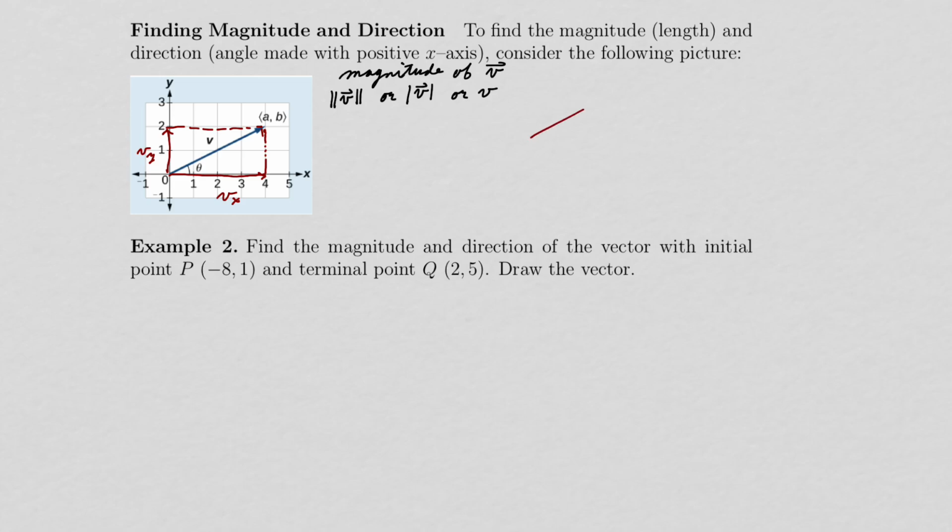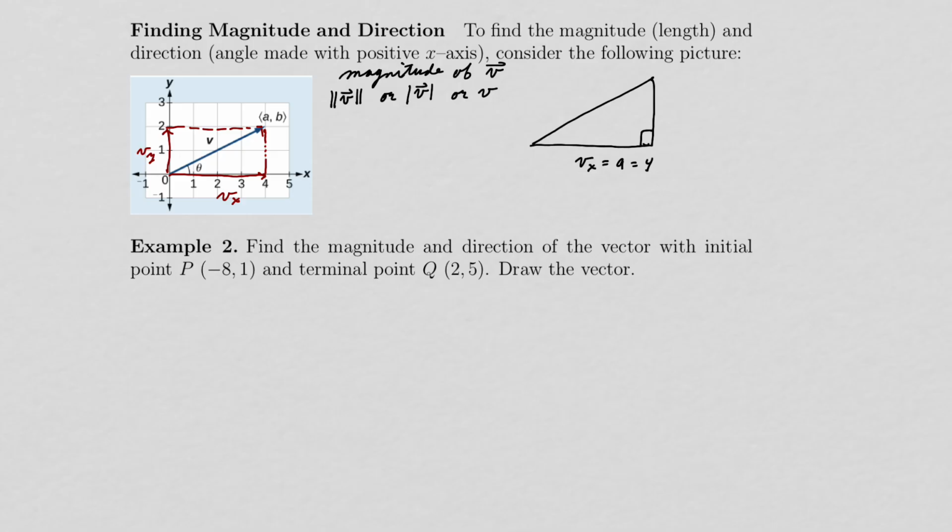I'll do that here. Let me do it in black. Where I know the length of the two sides, right? The Vx, which we're calling A in this case as well, is equal to 4.